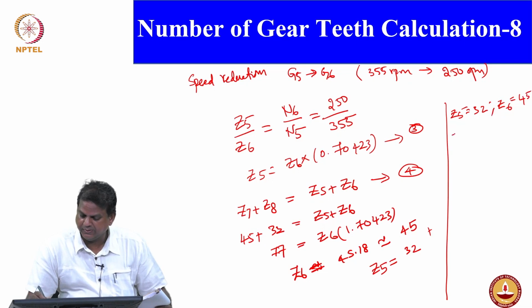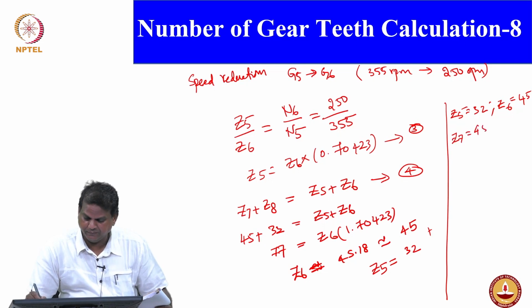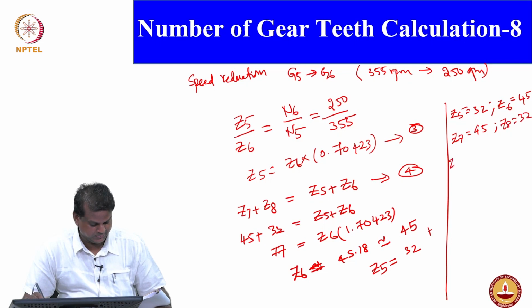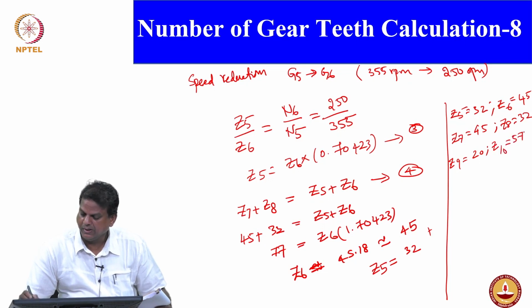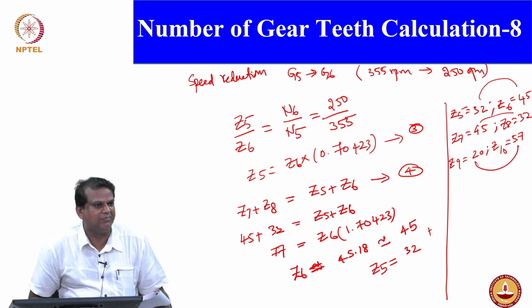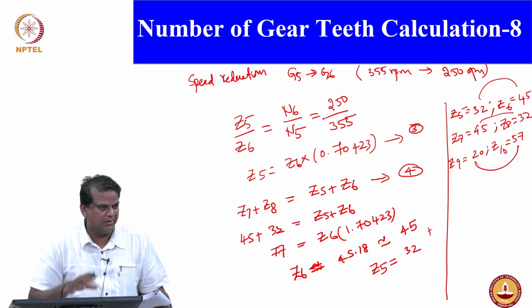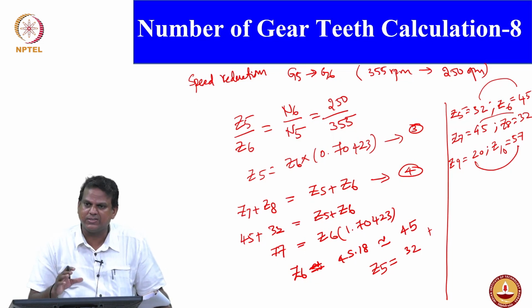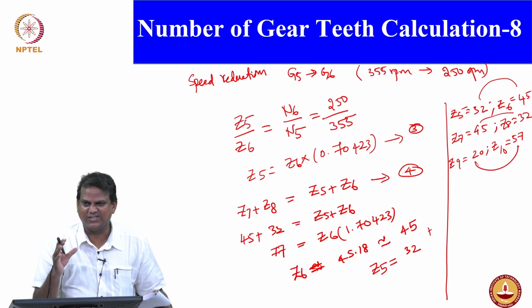Then Z7, 45, and Z8, 32, and Z9, 20, and Z10, 57. And if you add these two and these two and these two, you will have the same total number of teeth. So which is satisfying, keeping the center distance constant in that second stage.